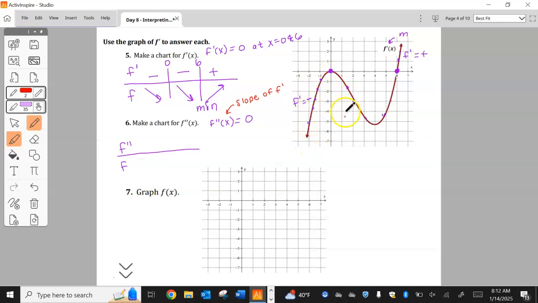So for f double prime, we're looking for where it's 0. So we are looking for where the slope of f prime is equal to 0, which would be here at 0 and here at x equals 4. So those are your two possible points of inflection. So f double prime of x is equal to 0 at x equals 0 and x equals 4.